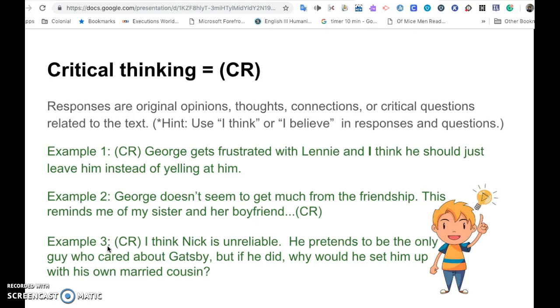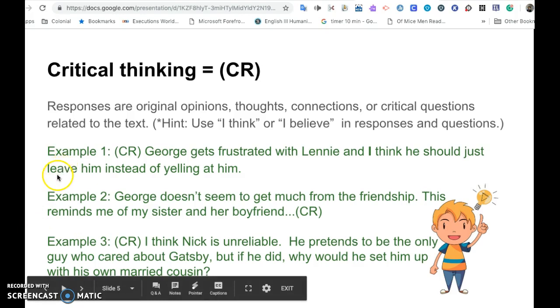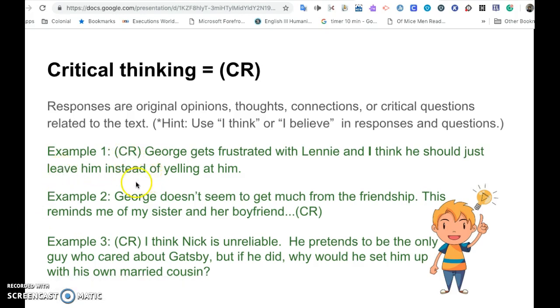And they may include words like I think or I believe, and that's how you know that these are critical responses. So look at the first example from Of Mice and Men, and notice how I coded it as CR. George gets frustrated with Lenny, and I think he should just leave him instead of yelling at him. Well, that's my opinion, so that's a critical response.